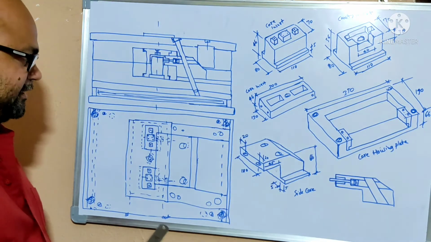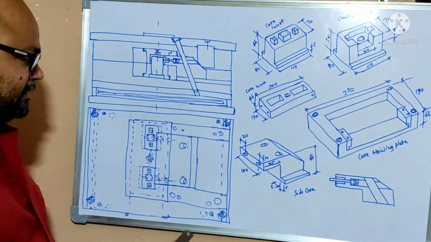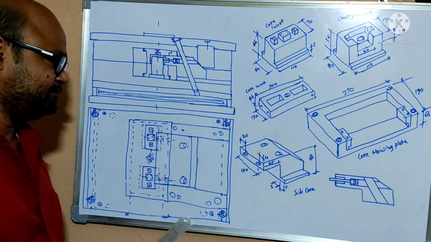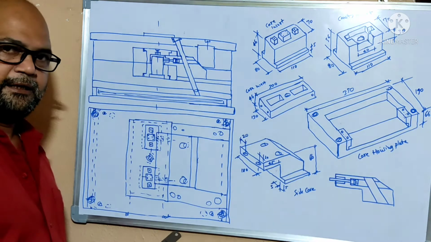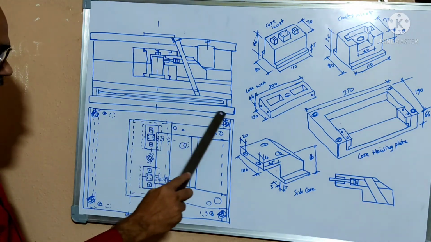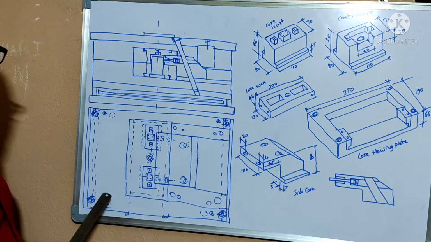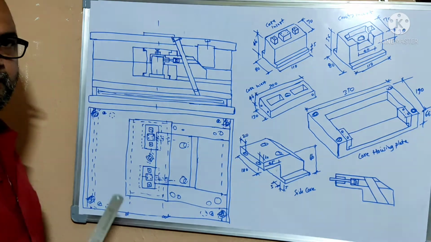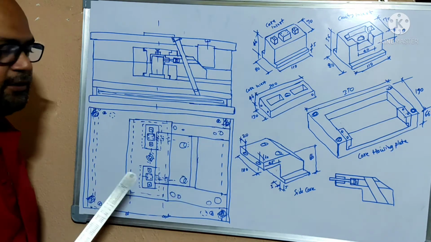You are observing the given components, the plastic injection mold for the given component. Here you are observing the top view of the tool, the top view of the plastic injection mold for the 2 cavity for the given component, and this one is the front view of the tool.